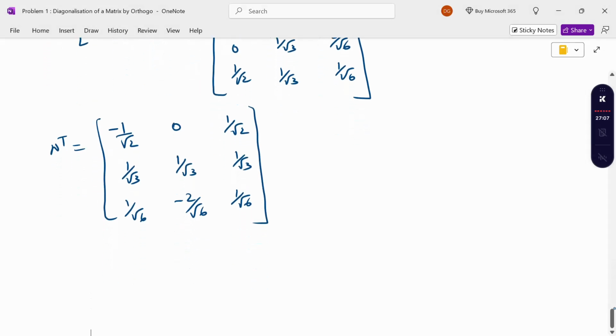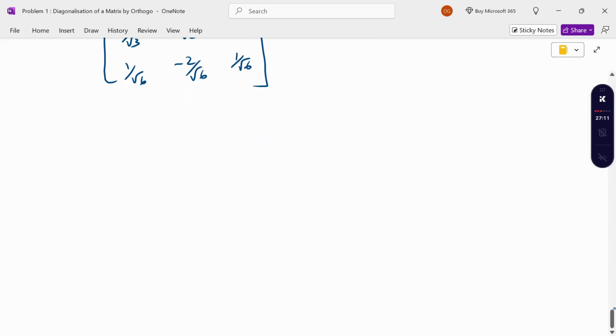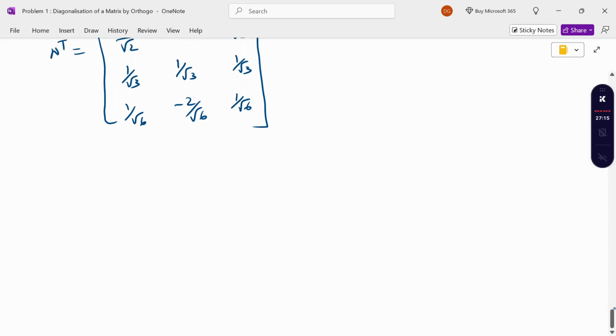Now what is the orthogonal transformation? The diagonalization is nothing but D equals N transpose A into N. Now N transpose, first you just multiply A N, then N transpose. So this is our N transpose.